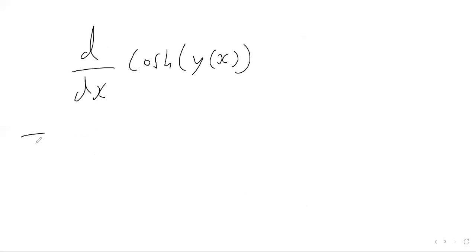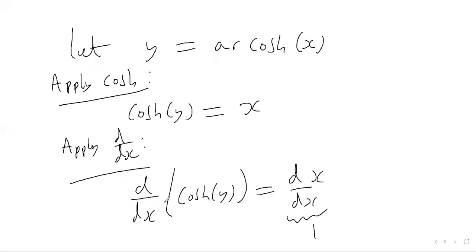What we're going to do is differentiate the inside of that cosh function. So that's just going to give us dy by dx, and then differentiate cosh of y with respect to y. That's going to be sinh of y, the hyperbolic sine of y, because when you differentiate cosh, you get sinh. So the left-hand side equals dy by dx times sinh y.